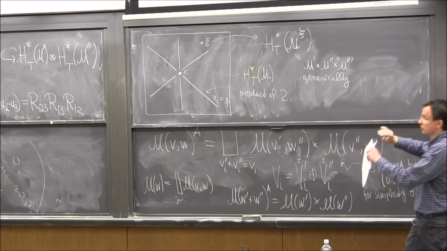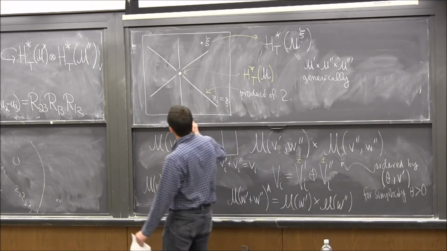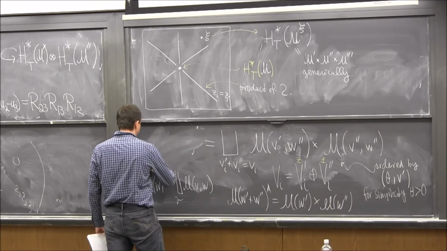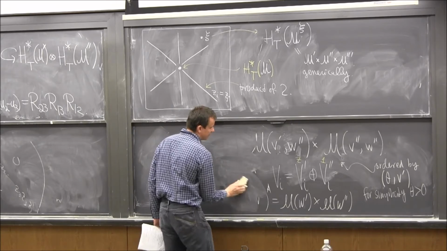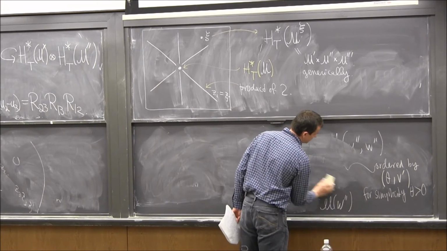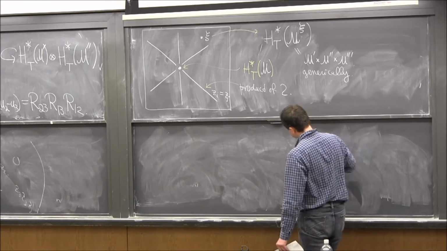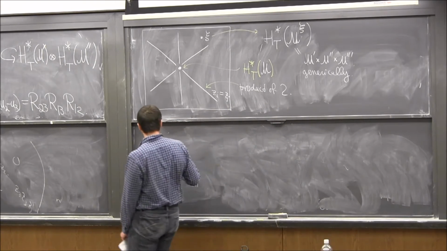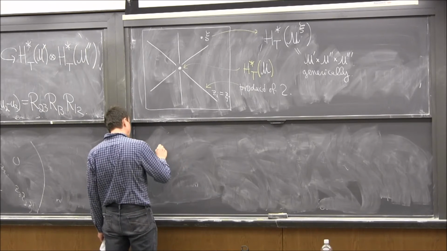And of course this picture you can draw in higher dimensions too. And so associated to every facet of every chamber in this cone, I have a map. This is for a general torus action on the variety X. So suppose now I have some chamber and a facet of it.